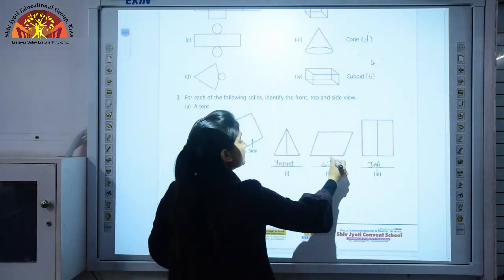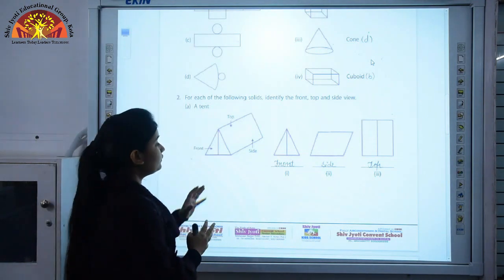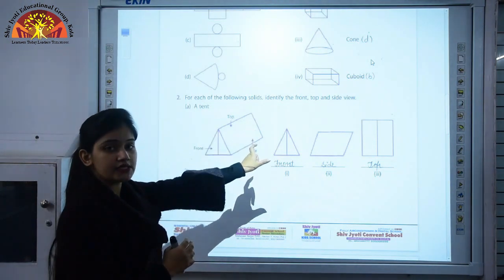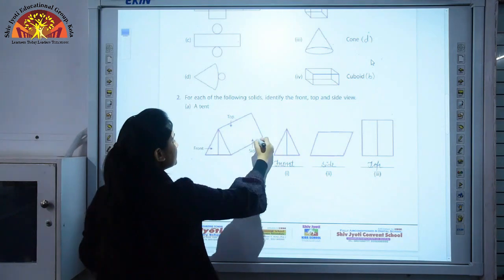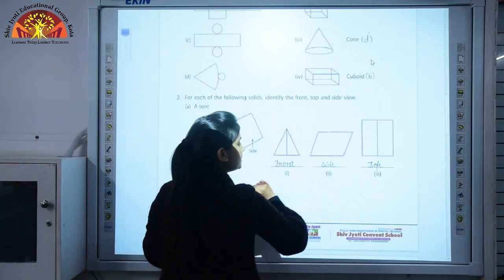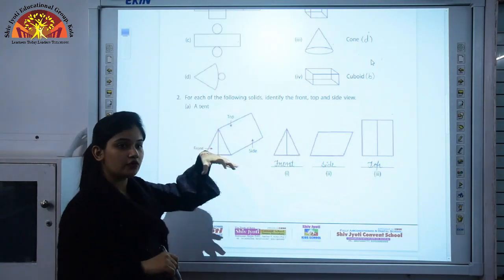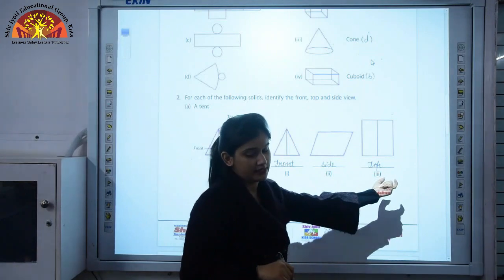And ऐसा शेप कहाँ दिख रहा है आपको? If you will observe this figure from side, आप इसको side से observe करो, so it will look like this. So this is the side view of this figure, so you have to write side here, and this is the top view of this object. अगर आप इसे top से देखोगे तो ये कैसा दिखेगा? ऐसा दिखेगा. Is it clear?